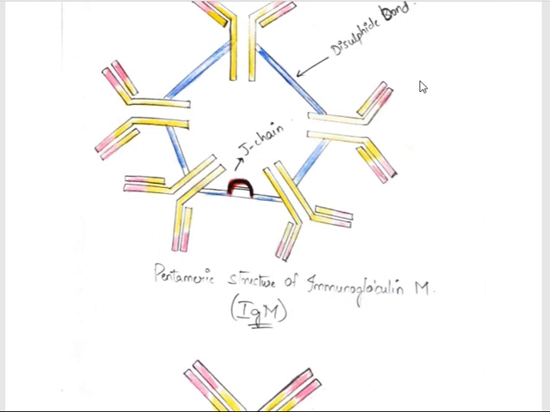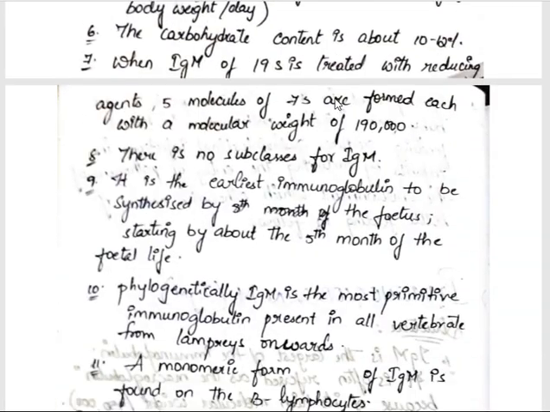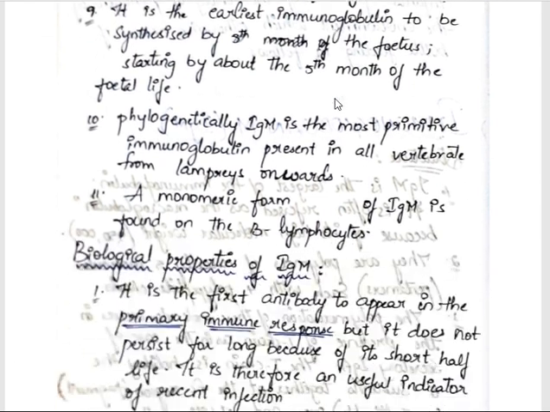Phylogenetically, IgM is the most primitive immunoglobulin, present in all vertebrates from lampreys onwards. A monomeric form of IgM is found on the B lymphocytes. Yes, B lymphocytes.